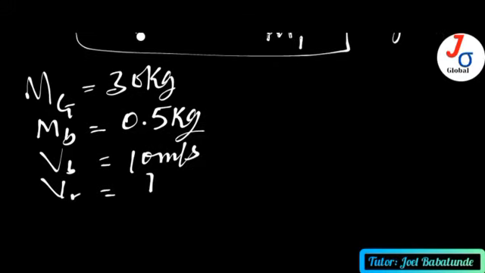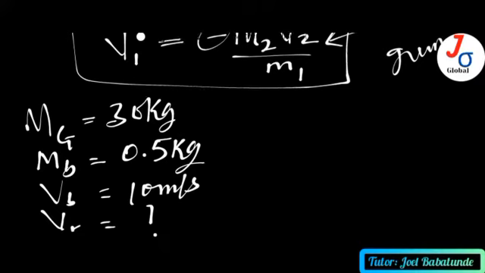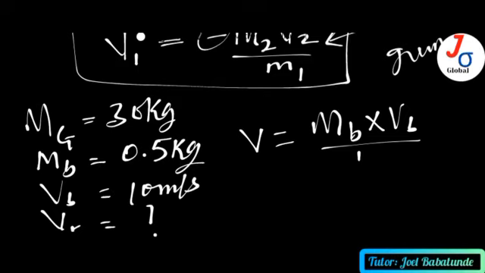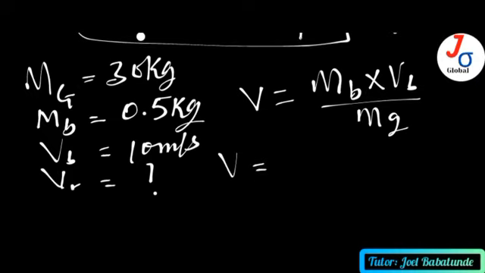So now the recoil of the gun has to be the mass of the bullet multiplied by the velocity of the bullet, divided by the mass of the gun. So that's going to give us V equals 0.5 multiplied by 10 divided by 30.